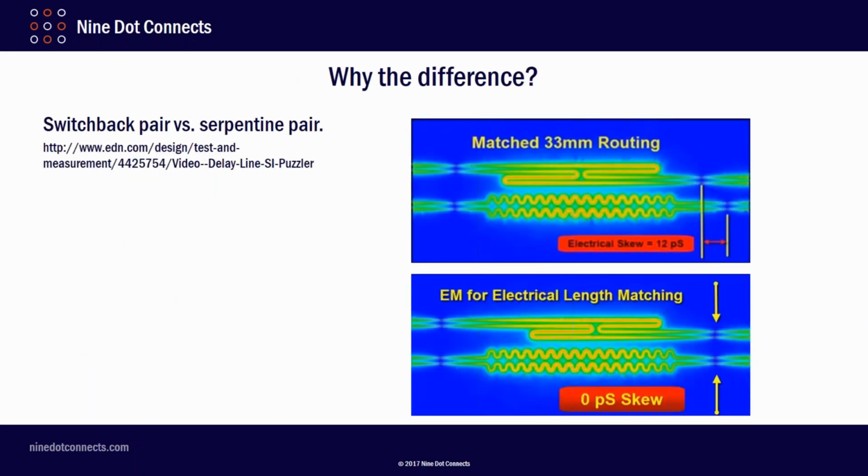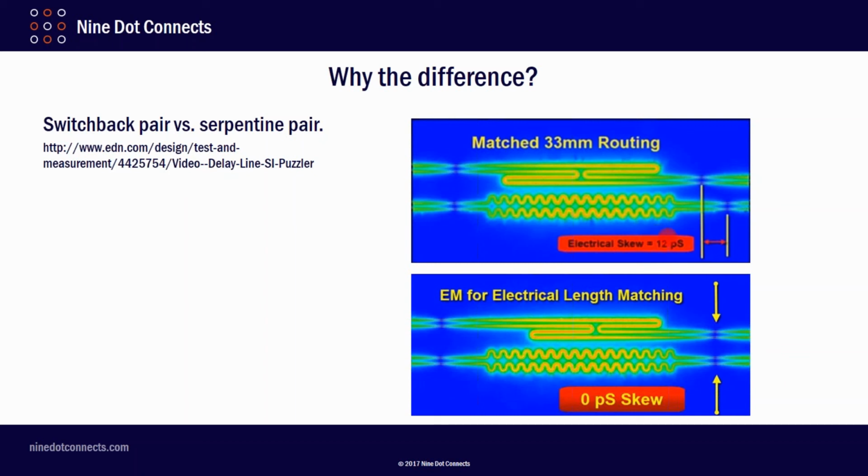So I came across this as I was doing a little research, and I thought you might find this interesting. One of the ways that people delay things is using what's called a switchback. So what they found out is, here's the zero reference in phase, and they ran a signal through a matched 33 millimeter delay, basically. Switchback is here, and here's a serpentine.